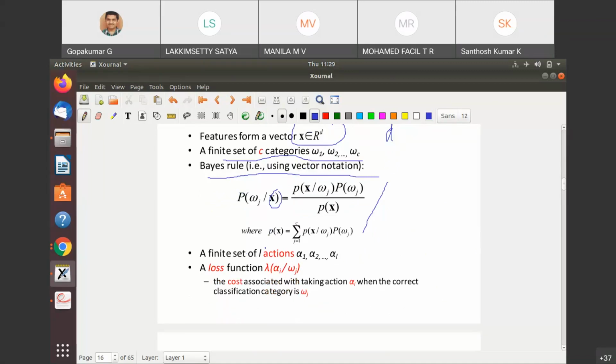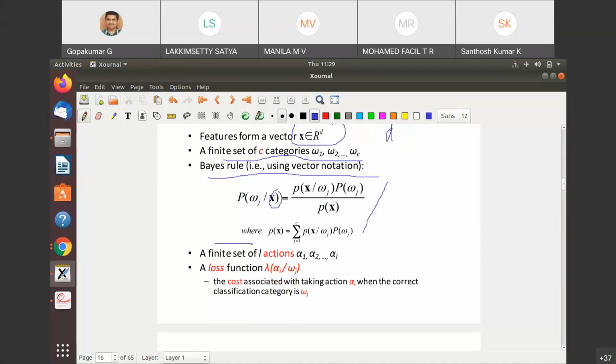Then assume that we define a finite set of actions. That means whether it is accepted or rejected or maybe undefined, there are different possibilities in which we can define an action. Rather than a simple accept or reject, you can have other actions also.